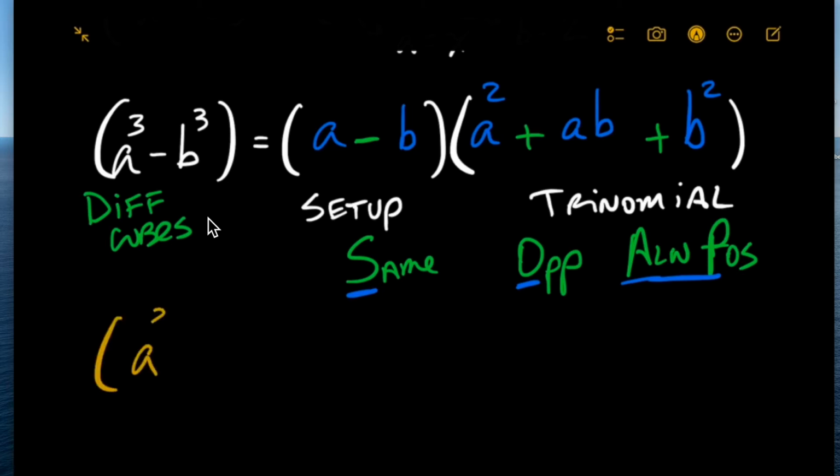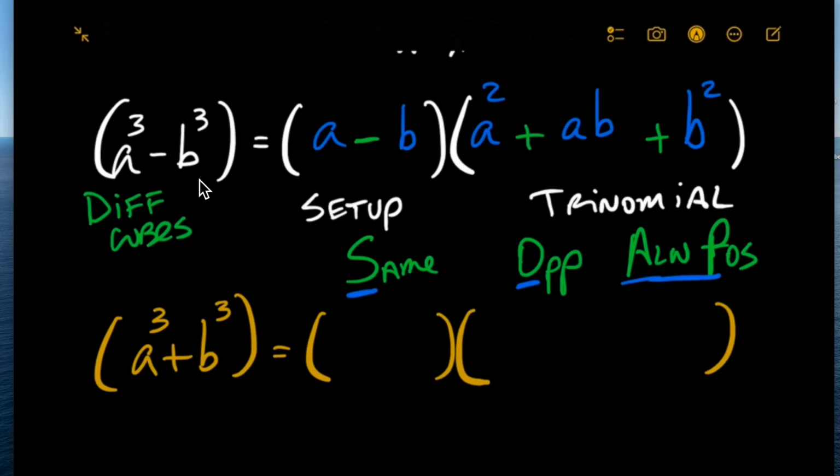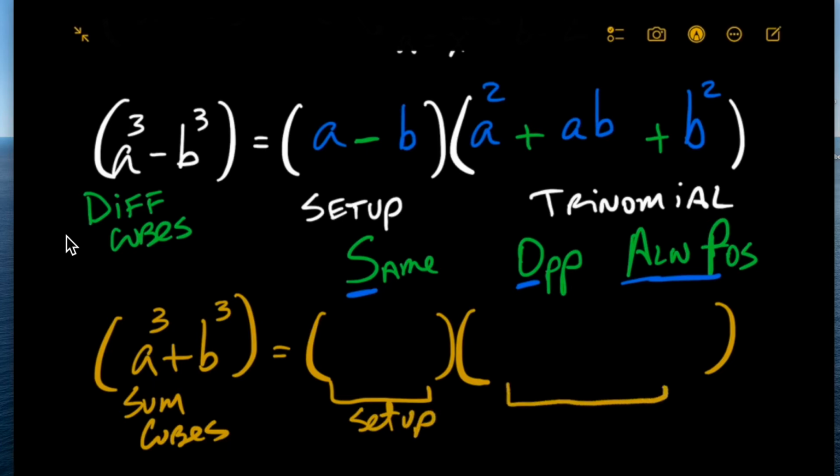Now, let me prove to you that SOAP works. Just beneath it, I'm going to do the sum of perfect cubes. Whether it's the sum or the difference of cubes, you have a setup and a trinomial. The first sign in the setup is the same as in the original expression.